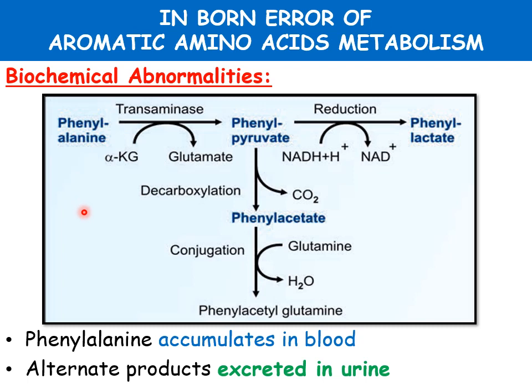Instead of getting converted to tyrosine, phenylalanine is transaminated to phenylpyruvate, which is reduced to phenyllactate. Phenylpyruvate also gets converted into phenylacetate, which is excreted or conjugated with glutamine to phenylacetylglutamine. So phenylalanine accumulates in blood, and these alternative products derived from phenylalanine are excreted in urine. That's why this condition is called phenylketonuria.